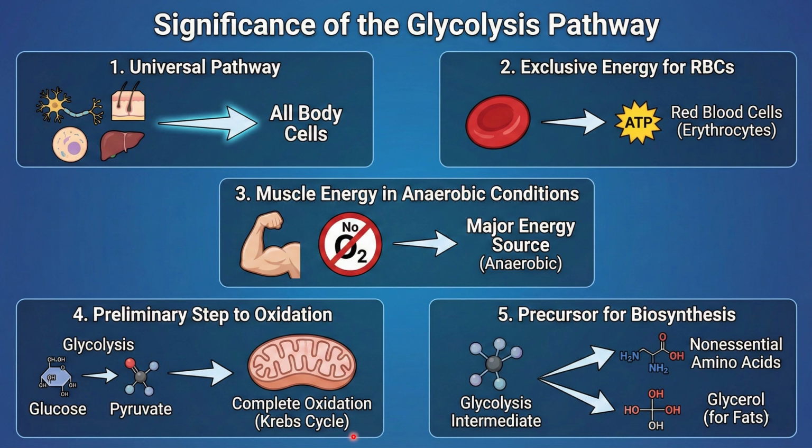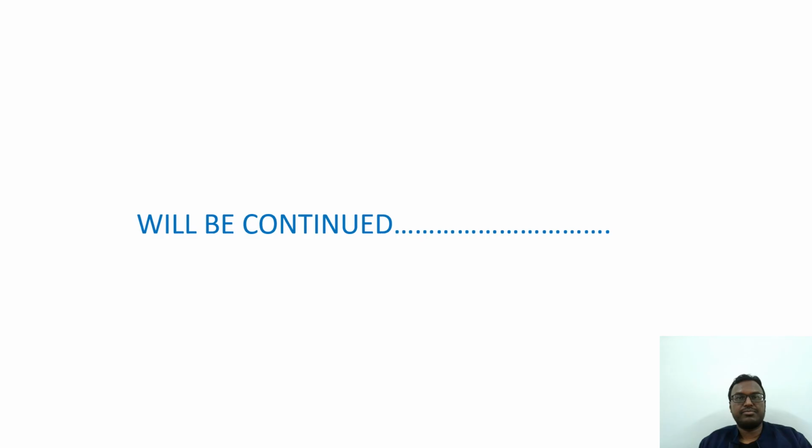So the starting products of Krebs cycle are obtained from the glycolysis. And finally, it's a precursor for the biosynthesis of many things. The intermediates and the metabolites formed in the glycolysis are utilized for the synthesis of proteins and fats, thereby forming a connecting link between the metabolism of carbohydrates, proteins, and fats.